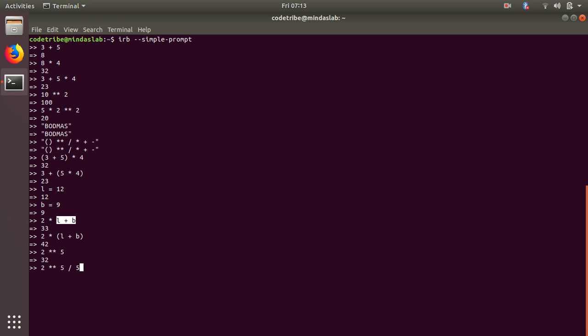Let me just run it. Okay, 6. Then I've done something wrong. The operator precedence should be brackets, then raised to the power of, then division and multiplication, then plus and minus. I've done it wrong.